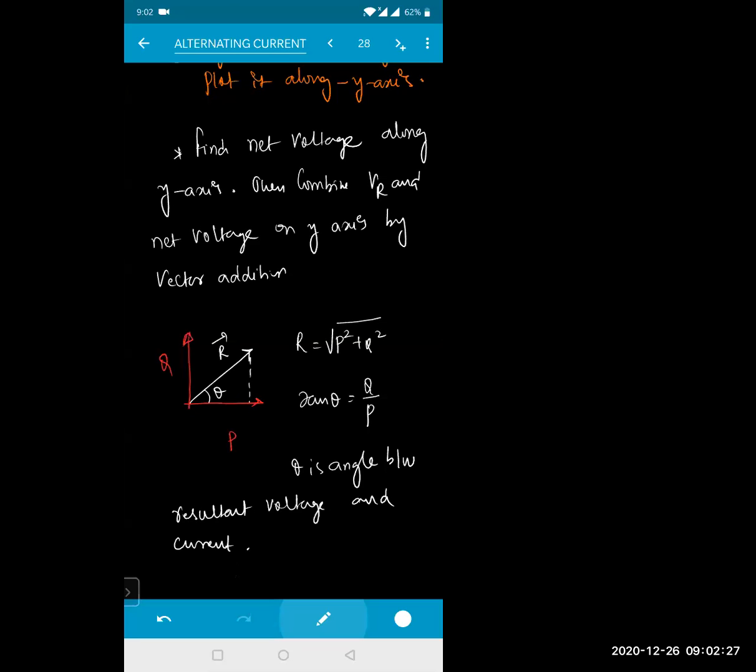Which gives the phase difference between voltage and current. That means the angle theta between the resultant voltage and current gives the phase difference between voltage and current.